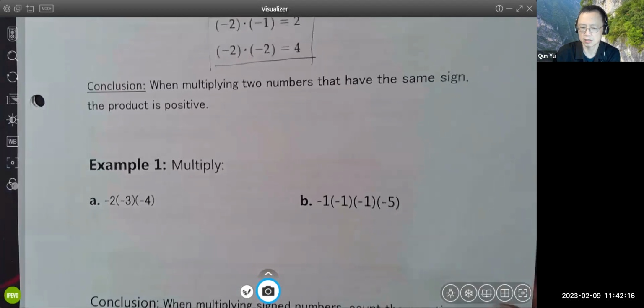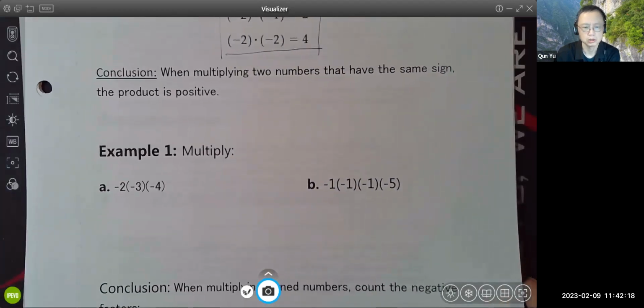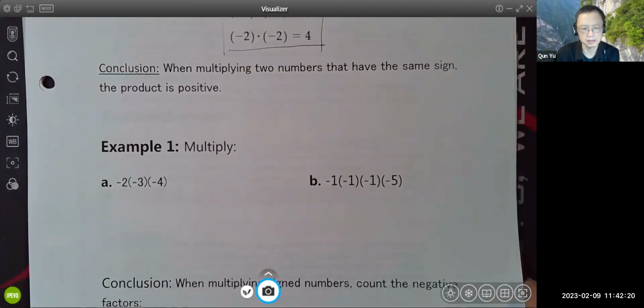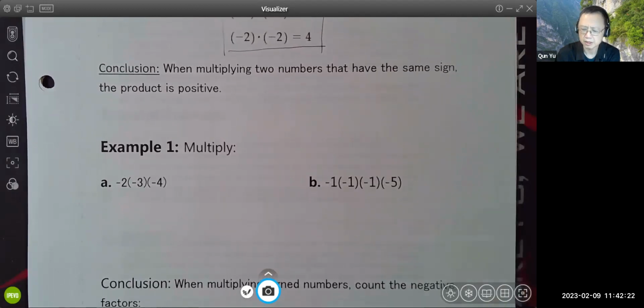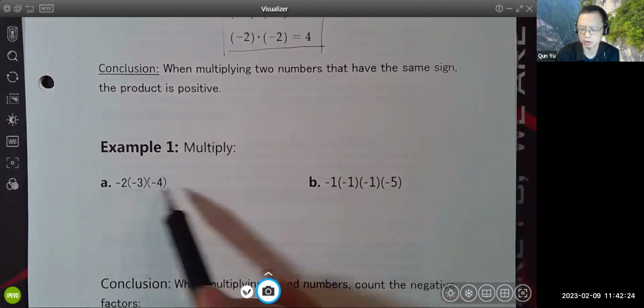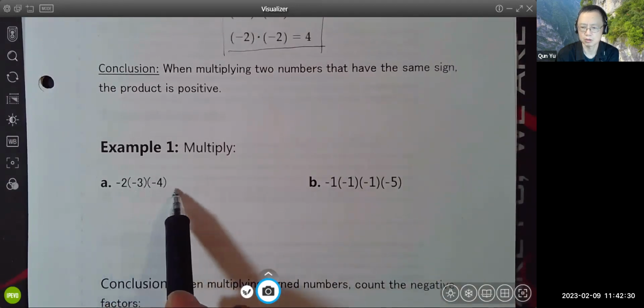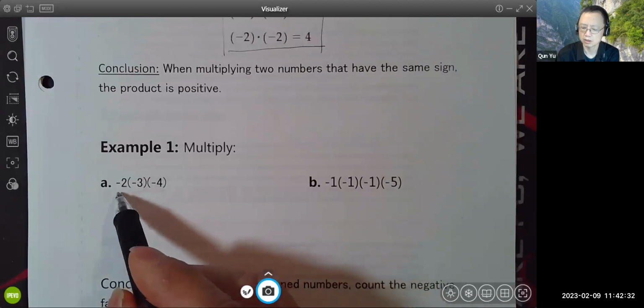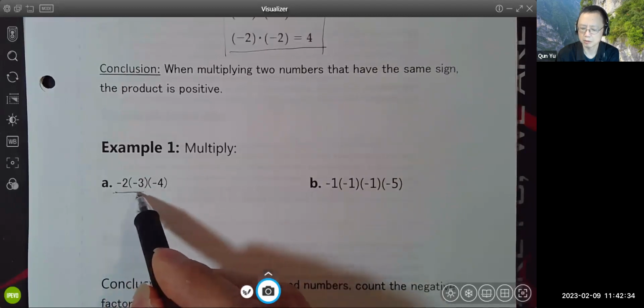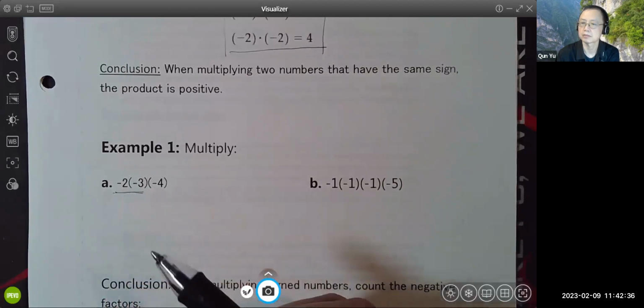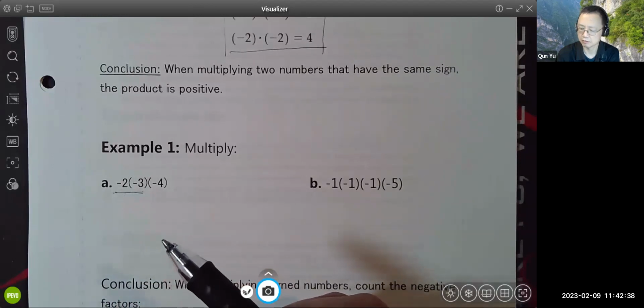Now let's use these conclusions and do some examples. The first one, we have two questions actually. The first one, we have -2 times -3 times -4. We already know that when two negative numbers are multiplied together, the product is going to be positive.